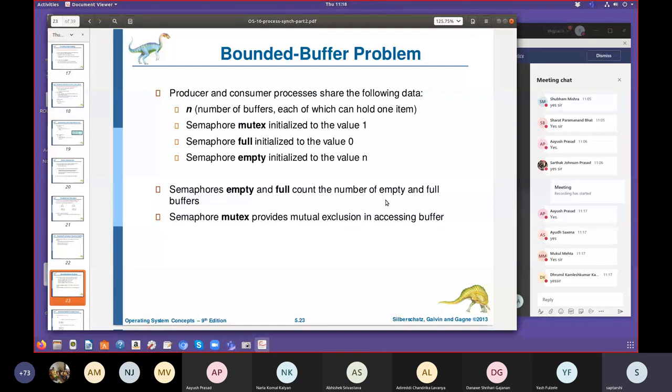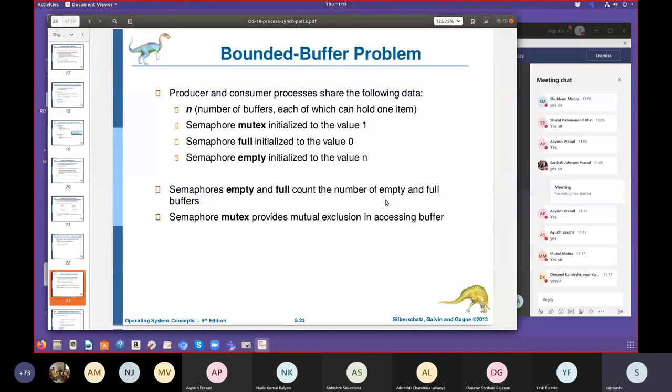Okay, first thing is the bounded buffer problem, which we have actually discussed. Let me just quickly do a recap. So there is a producer and a consumer process. Actually, there can be several producers and several consumers also. Producers will produce some items in a shared buffer and consumers will read those items from the shared buffer.